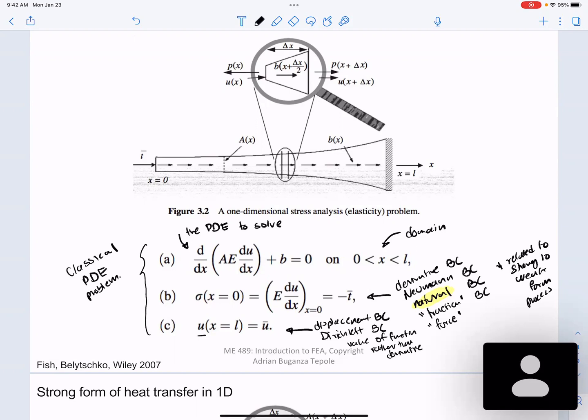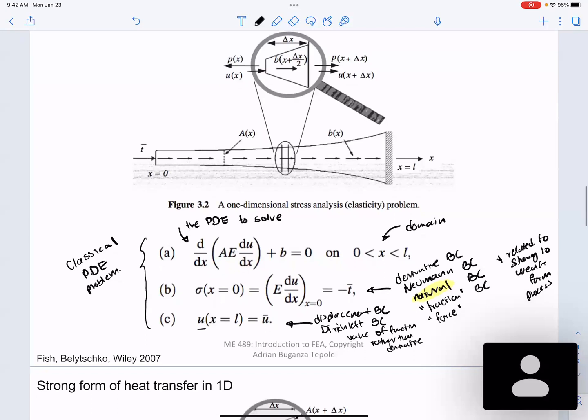And then instead of natural, it's called essential boundary condition. Again, this essential boundary condition is specifically related to the fact that we go from a strong form to a weak form. So lots of names for the same thing.